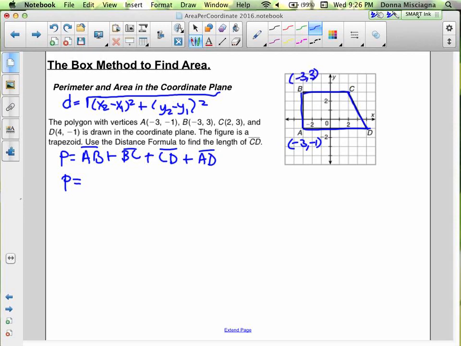The x coordinates aren't changing, so let's look at the difference in the y coordinates. 3 minus -1 is 3 plus 1, which is the absolute value of 4, which is just 4.